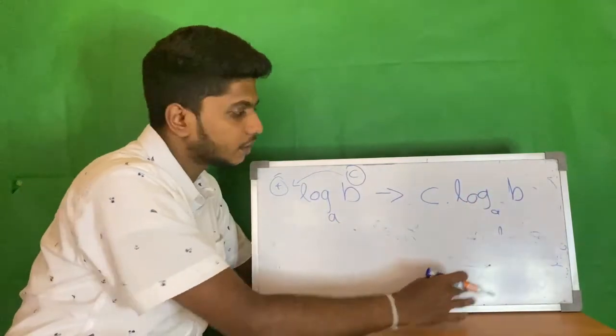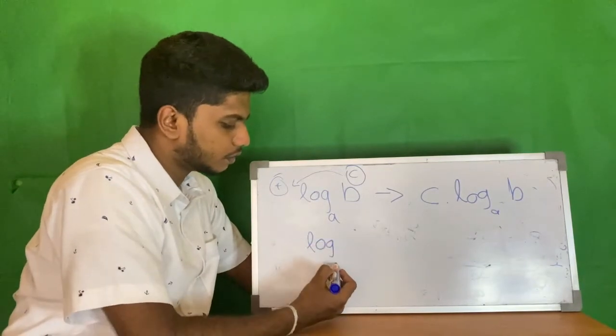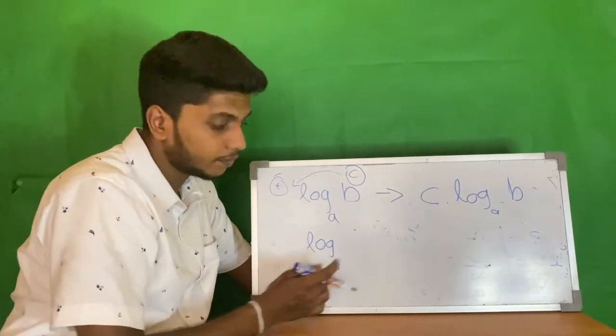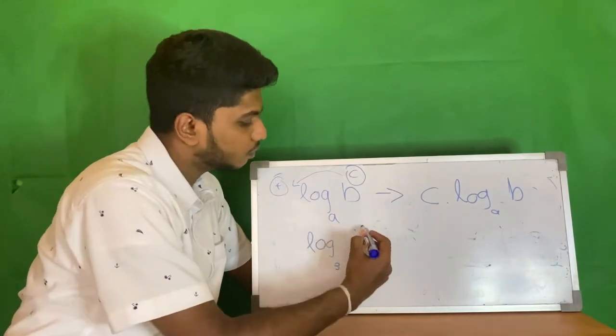A simple example, a very small one: log base 3 of 3 to the power 4.